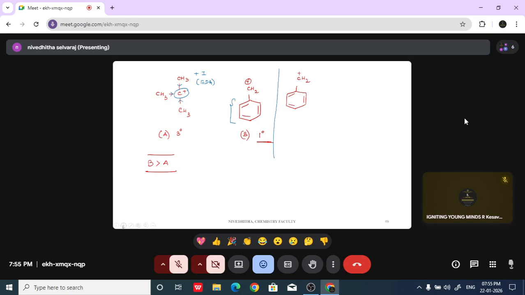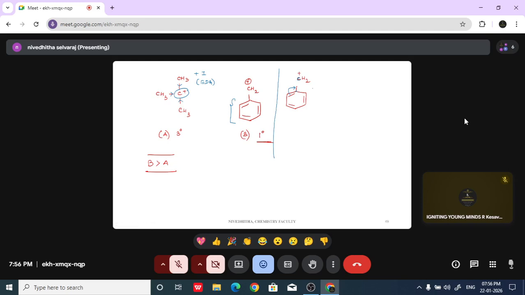That carbon doesn't have electrons. So what this benzene ring will do is, this benzene got 3 pi bonds, right? One of the pi bonds will get transferred between these two carbon atoms. This is one carbon atom and this is one carbon atom. So this bond will get transferred between these two carbon atoms.